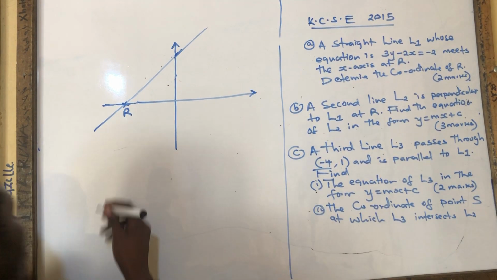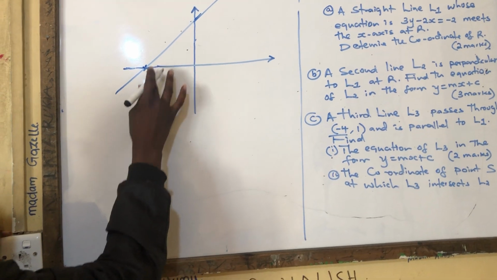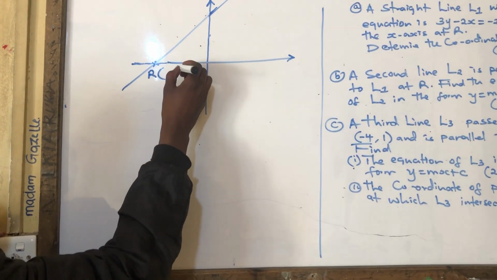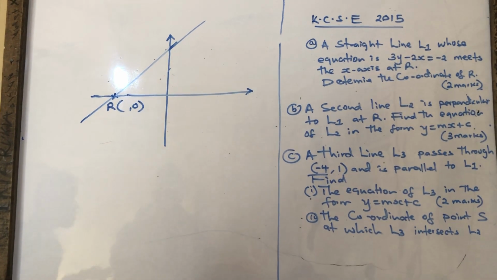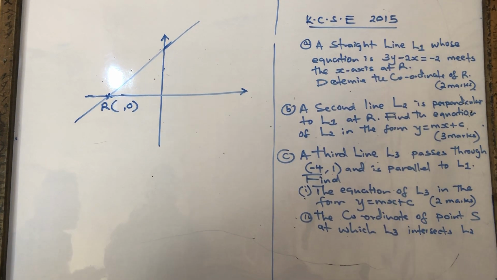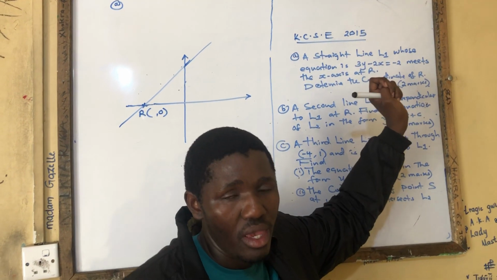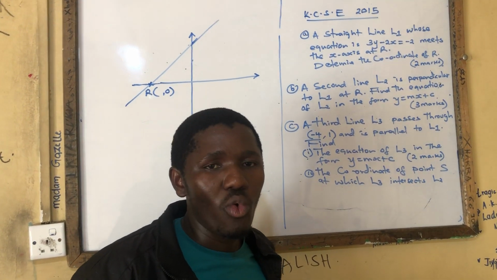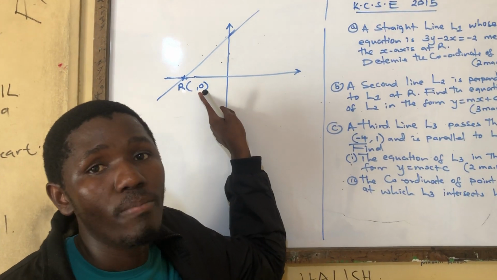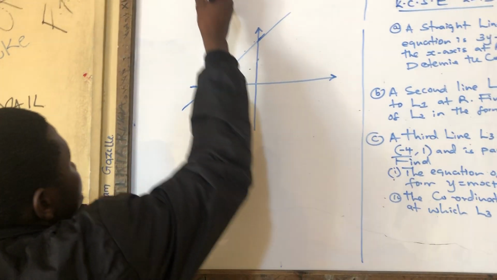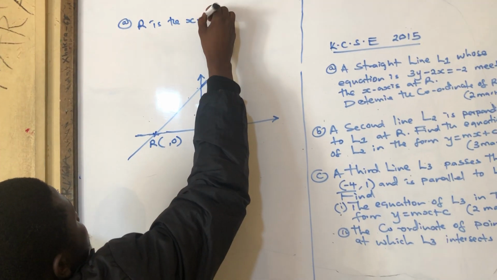What do we know about the x-intercept? Like we have already mentioned, at the x-intercept, the value of y is expected to be 0. So there is something I know already about R even before we start. The value of y must be 0. So we start by saying R is the x-intercept.